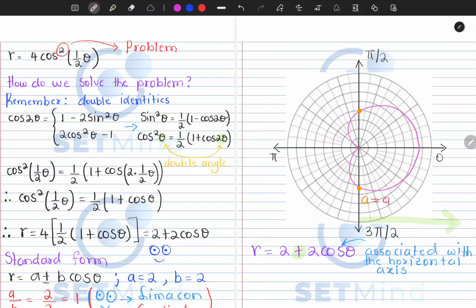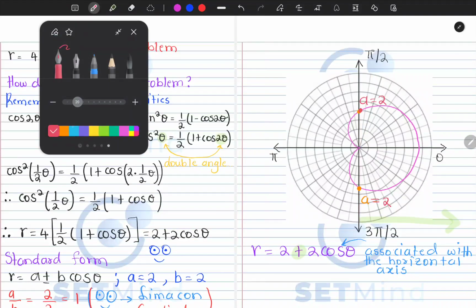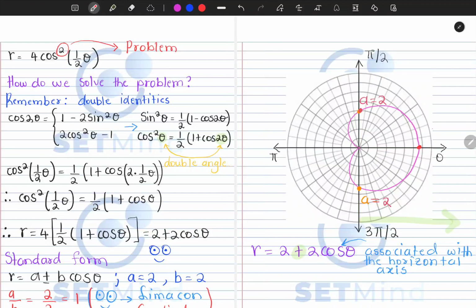So we have A equals 2. And up there, we also have A equals 2. And then at the tip of our Limason, we always have that point. There will always be at A plus B. And if you look at our A plus B, it is 2 plus 2, which gives us a 4.